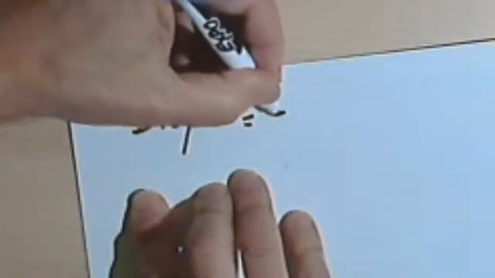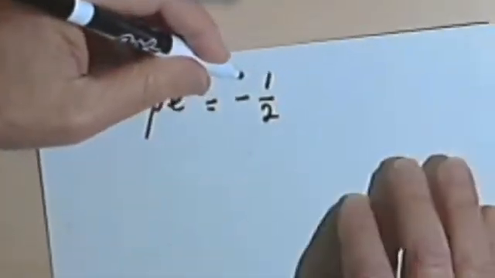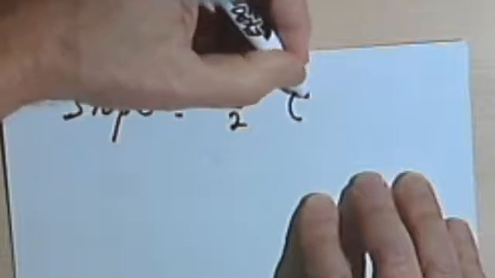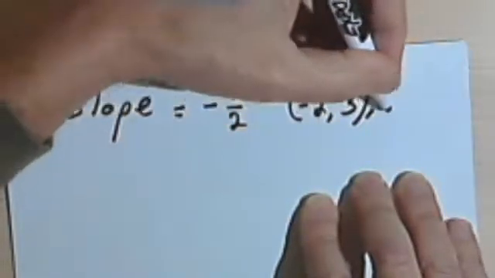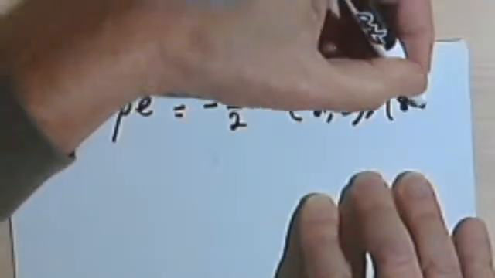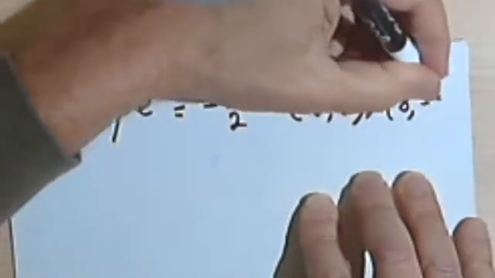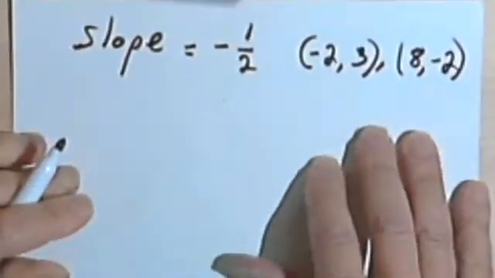Now that I've got the slope, let's see what we can do. So here we are. We've got the slope is -1/2. And just to remind us, we've got these 2 points, -2, 3, and 8, -2.